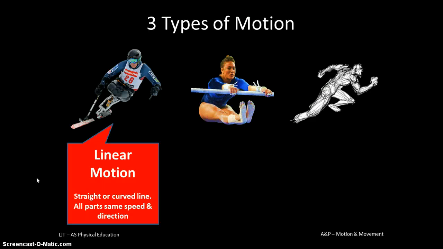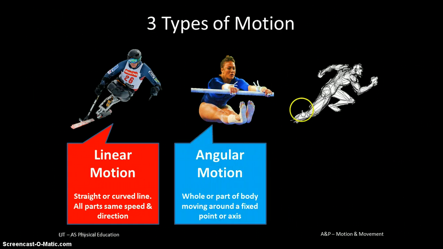Something a little bit different then, this gymnast rotating around the bar there is performing angular motion, and this is when the whole or part of a body will move around a fixed point or axis. So the bar in this example is the axis and the whole body is rotating around that axis.